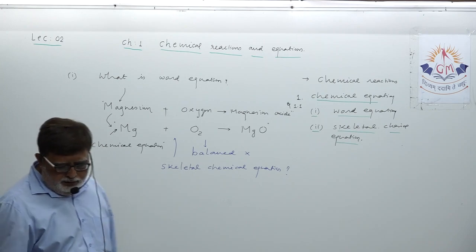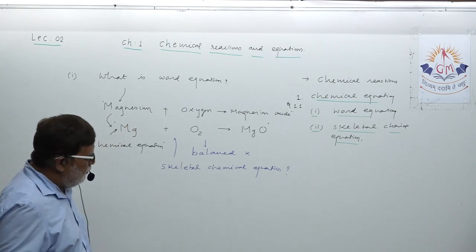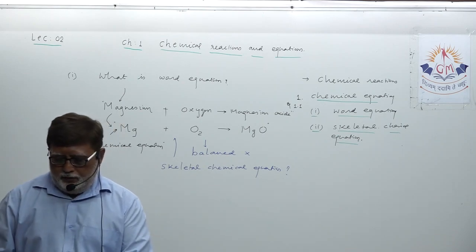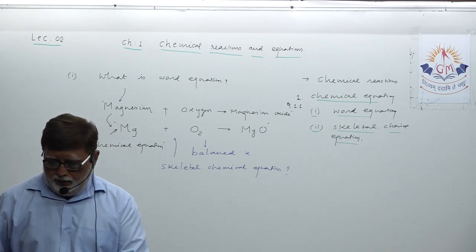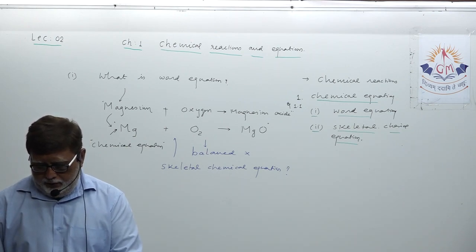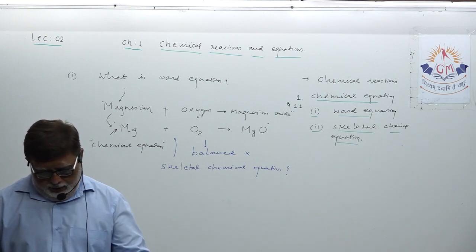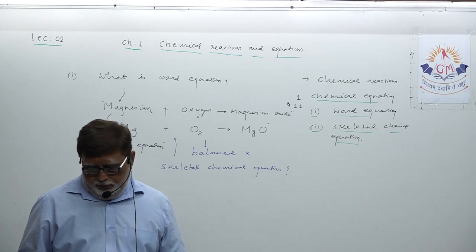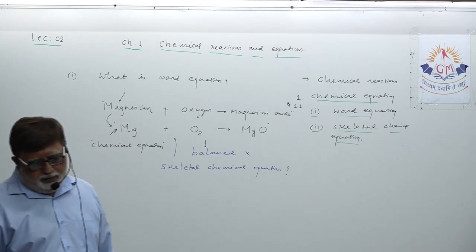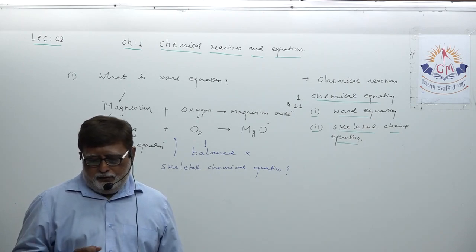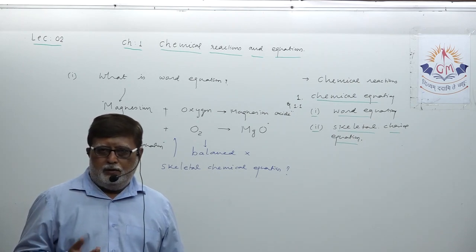Okay, dear student. Now if we discuss like this, understand one question in our section, if you can see the material. Okay, in our section, if you see the third question, what is a skeletal chemical equation?